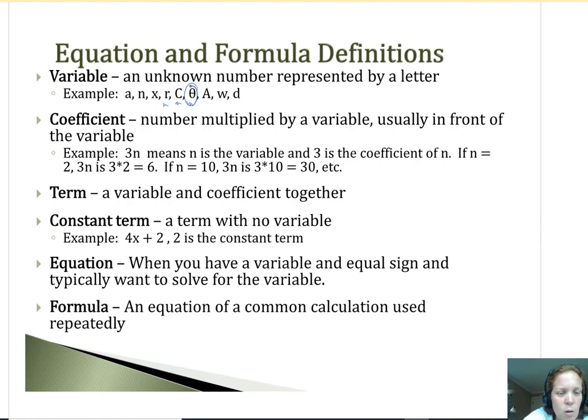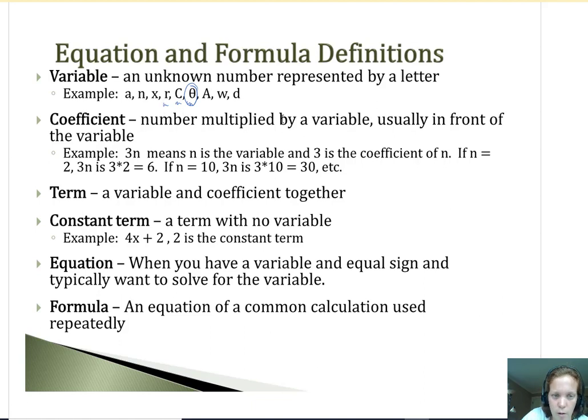Sometimes we'll see those every once in a while. This one is used to denote an angle sometimes. A lot of times we use capital A for an angle, but we might see that thrown in there. So capital A could be for angle or area, W for width, D for diameter or dimension. Depending on the context, rather than having to write a whole word, we throw in a variable.